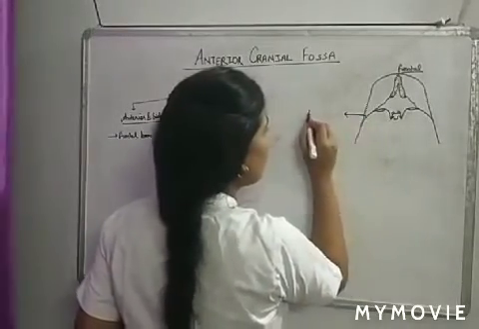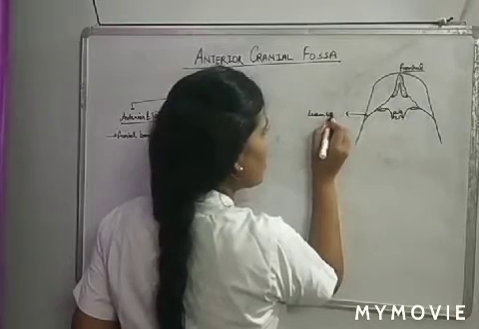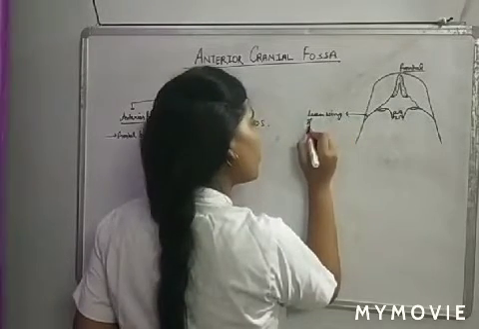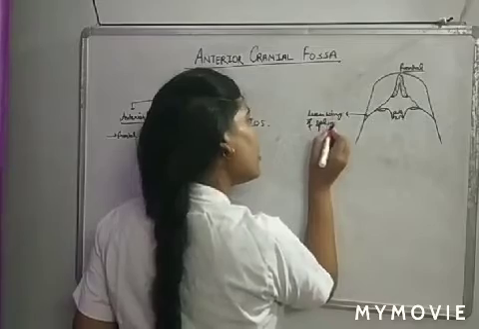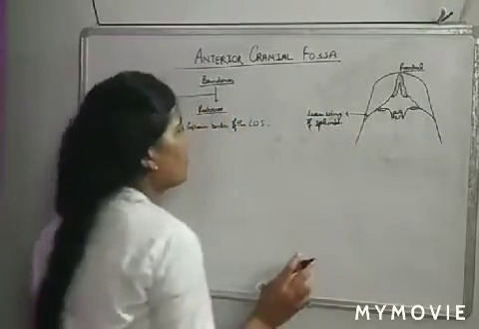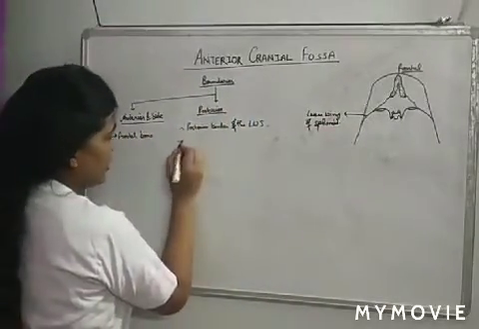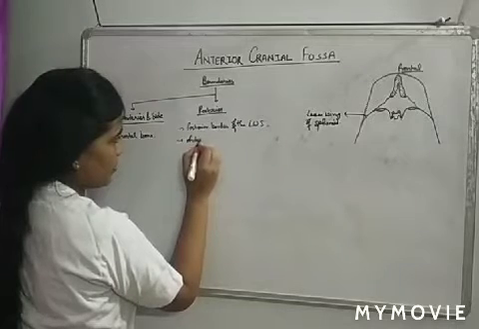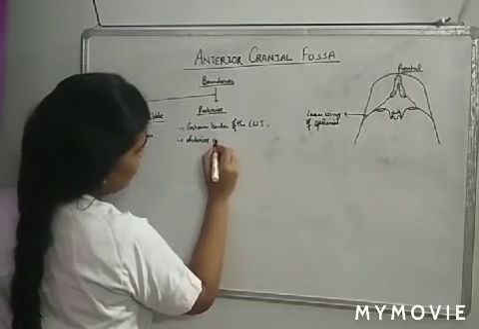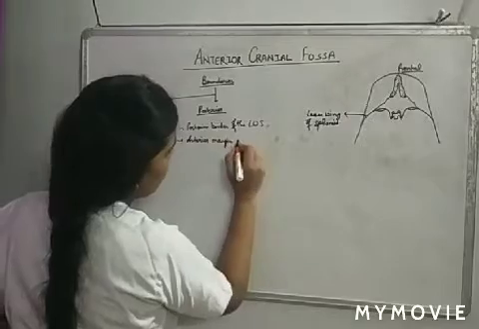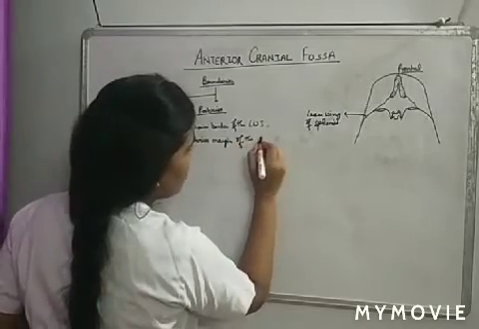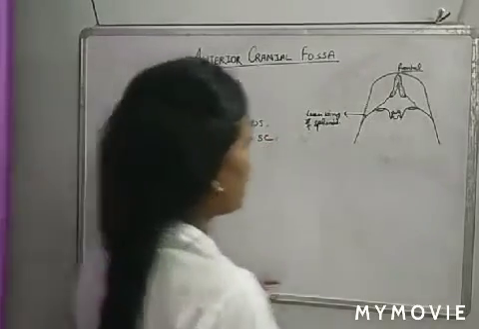This is the lesser wing of the sphenoid. Anterior margin of the sulcus chiasmaticus.